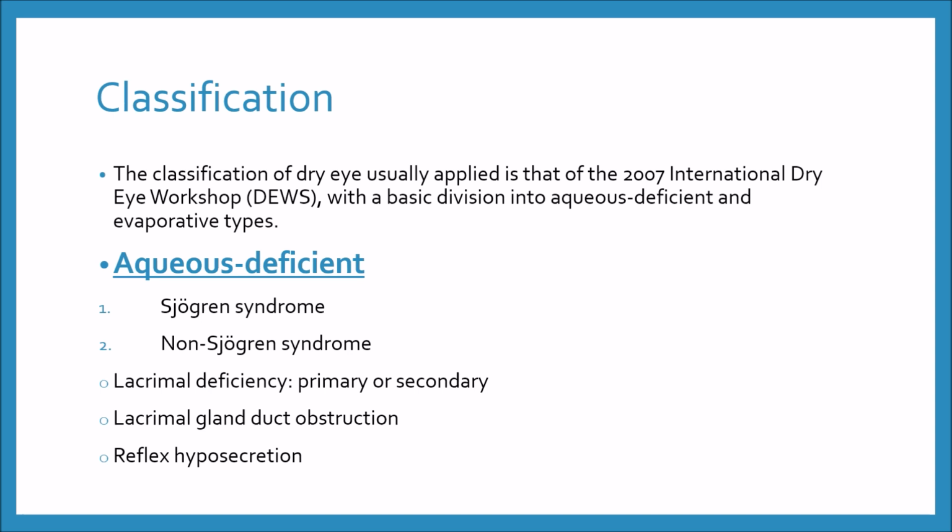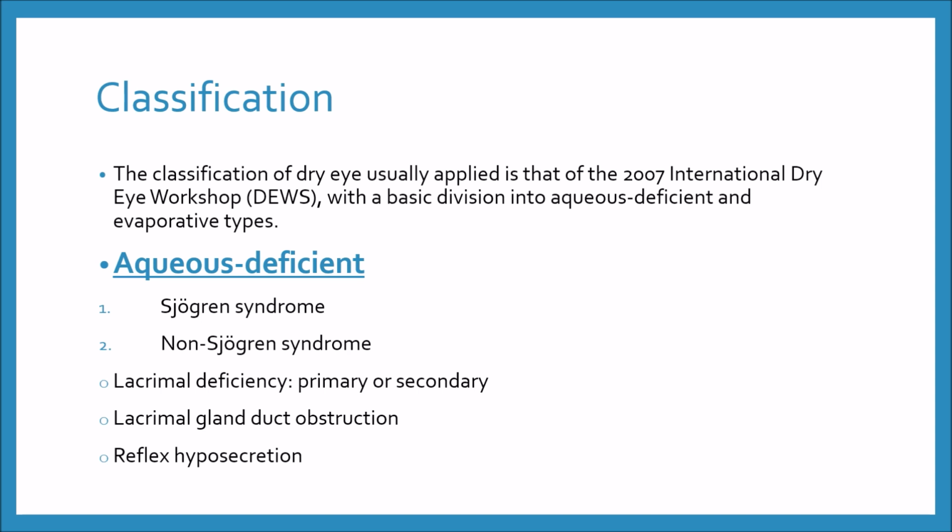Most individuals have considerable overlap between mechanisms, and it is important to be aware during patient assessment of the likely presence of multiple contributory factors. First of all, we'll discuss the aqueous deficient part, which is either Sjogren syndrome dry eye, primary or secondary, and number 2, non-Sjogren syndrome dry eye.